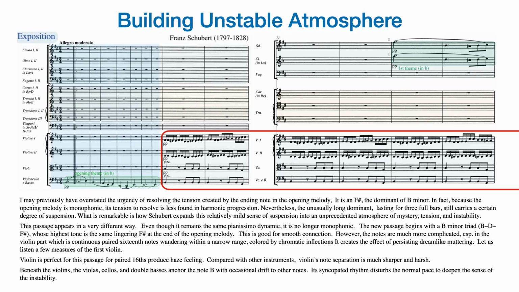The new passage begins with a B minor triad. The top one in the first violin is F sharp, the second violin is D, and the basses are all B. So it's B, D, F sharp, the standard B minor triad.